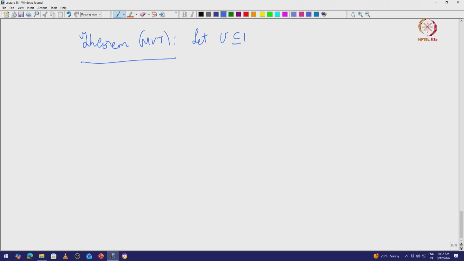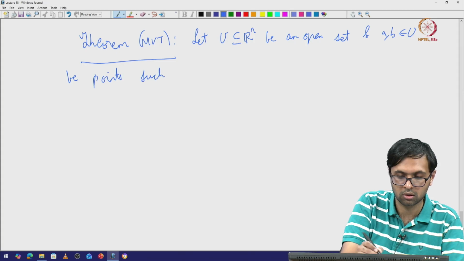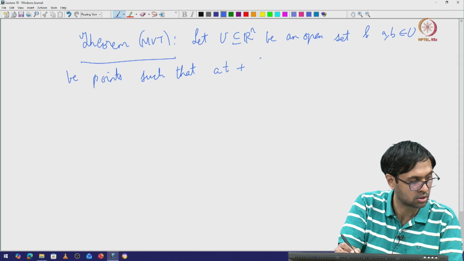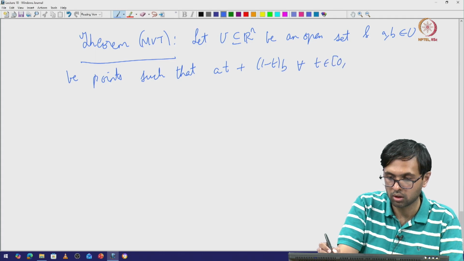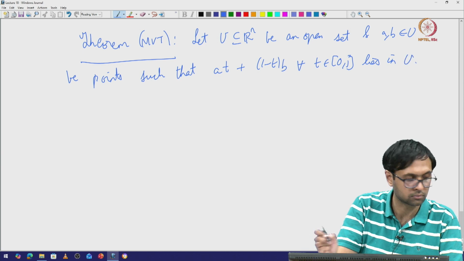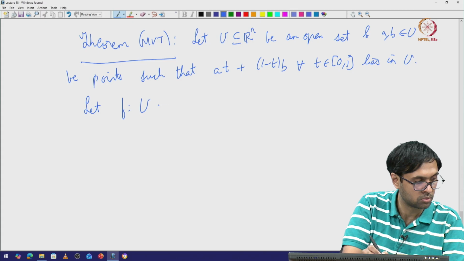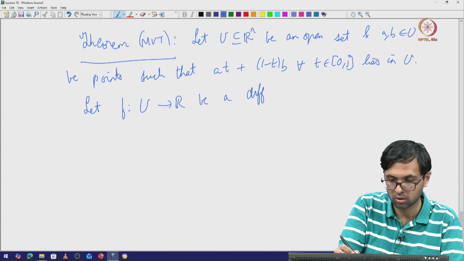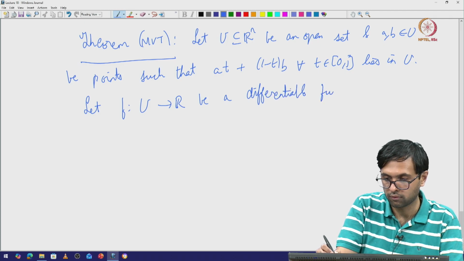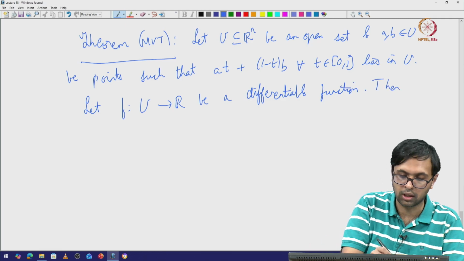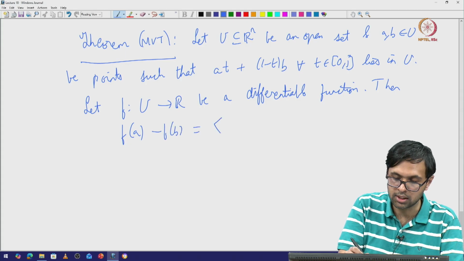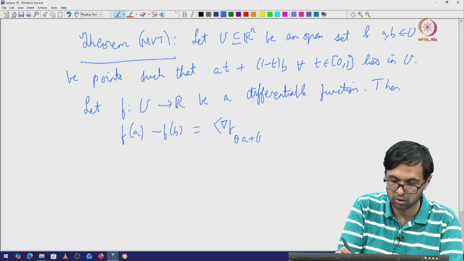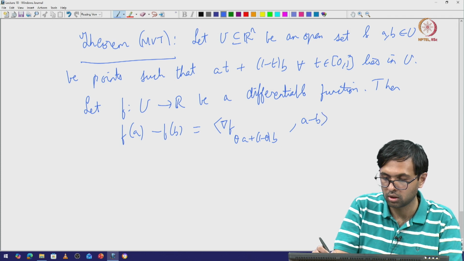Let U be an open set and A, B in U be points such that this line segment for all t in [0, 1] lies in U. Let f from U to R be a differentiable function, then f of A minus f of B is indeed the derivative at some point times A minus B for some theta in (0, 1).